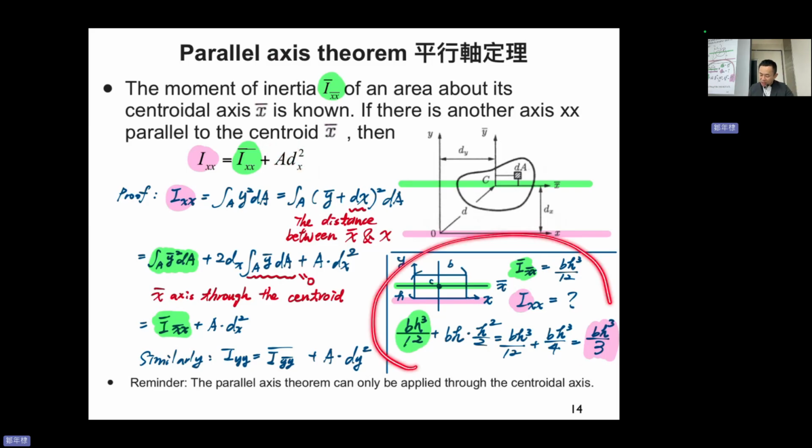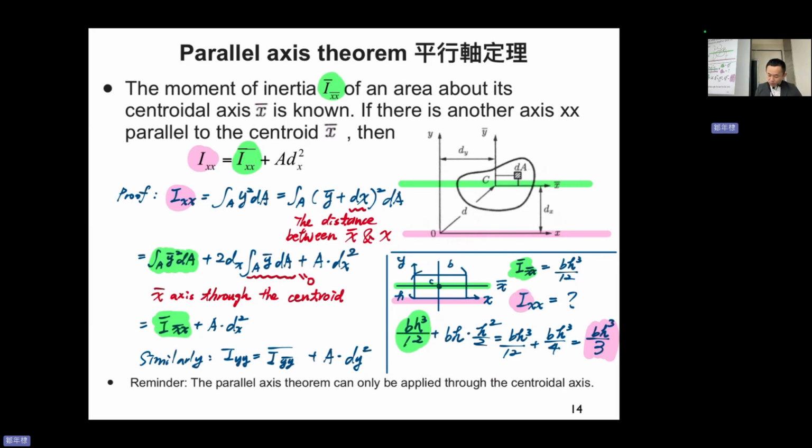This is a quick example: the green axis penetrates the centroid, so it has BH cubed over 12. If you move to the edge of the rectangle, you need to add the area BH times the distance half H squared. So you get BH cubed over 3. That's how we move the axis.